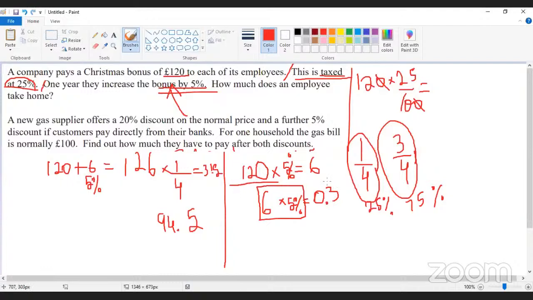I have to take it this way, where this is also being taxed at 5%. And again, there is a 5% bonus.